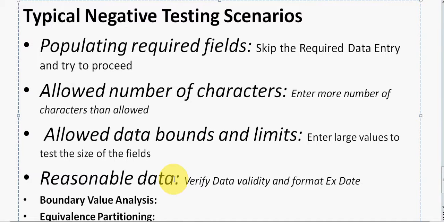Now the date format is built in and formats it in most programs, but still you have to check whether it's formatting, whether it's taking an invalid date. In some countries it may be date, month and year, and in some countries it may be month, day and year. So in other countries, whatever you are entering will be invalid data. So you check whether the system is accepting it, or how it works.